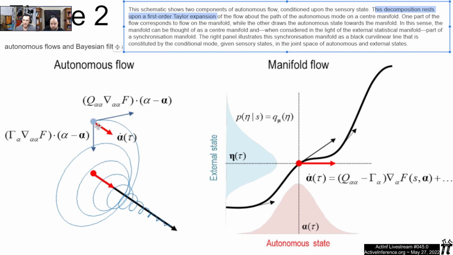And so there's a movement directly towards the attractor. And then there's a movement that is perhaps orthogonalized, keeping in mind the difference between the gradient and the solenoidal flow.